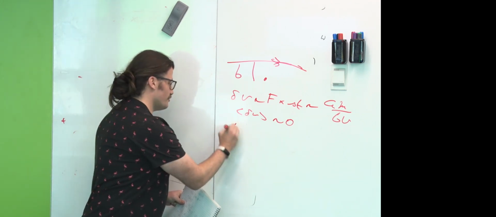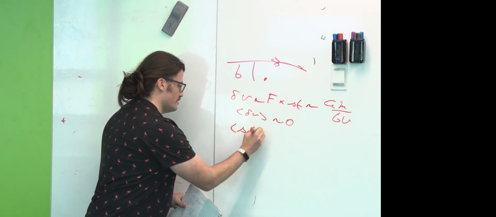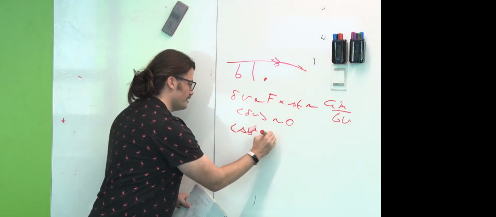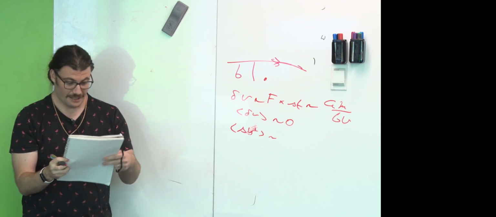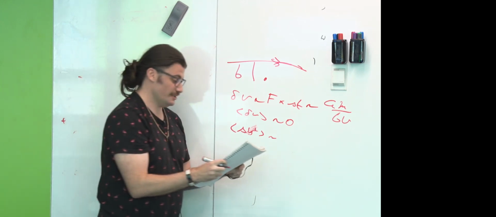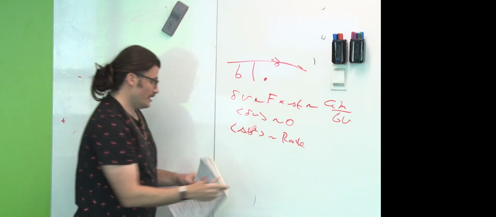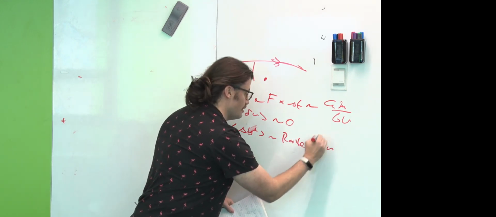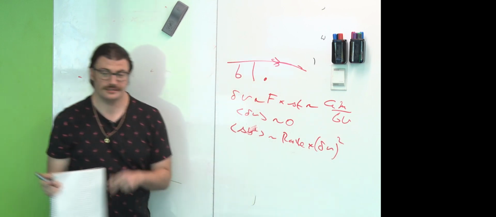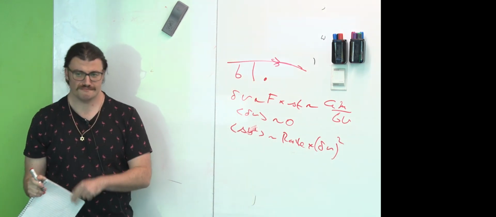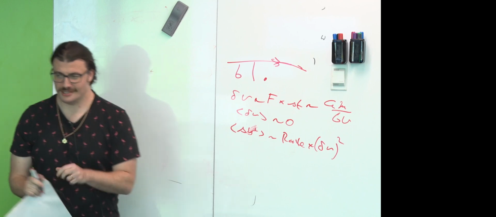So the way to write this is something like delta v squared. It should be the rate of encounters times the typical kick we get from each encounter, something like that.